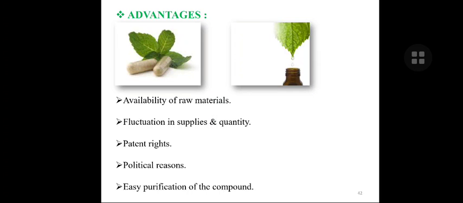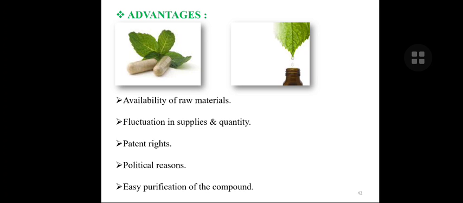So advantages of tissue culture are availability of raw materials, and fluctuation in supplies and quantity. Raw materials like some essential oils or other plant derived products can be produced in mass production using tissue culture.